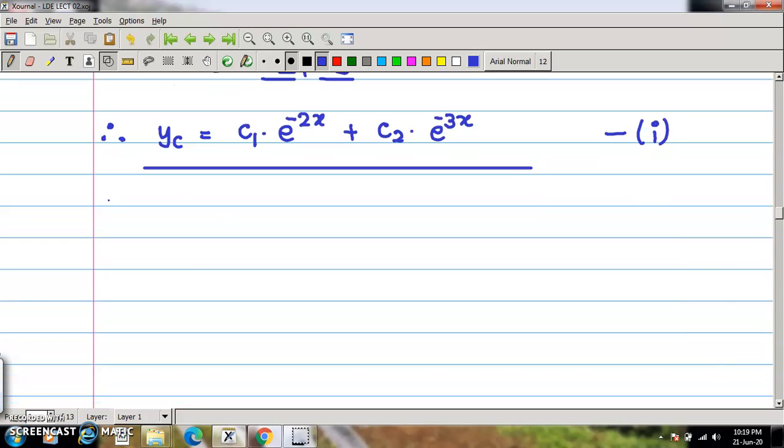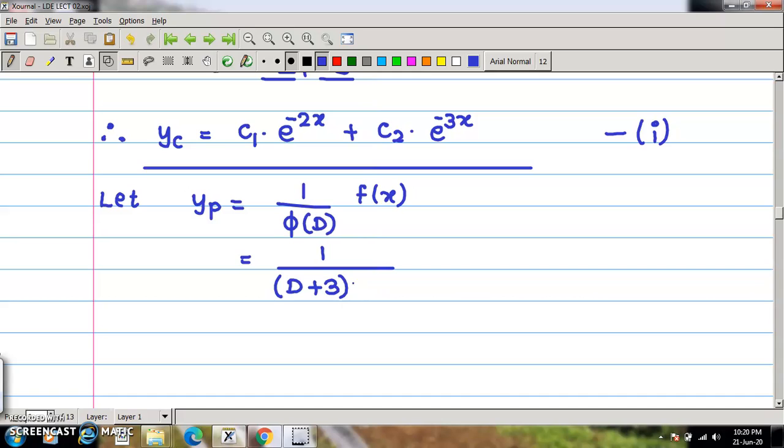Now, to find the particular integral, we consider the required particular integral is 1 upon the auxiliary function into f of x. Here it is 1 upon (D plus 3) into (D plus 2), and f of x is e raised to x.